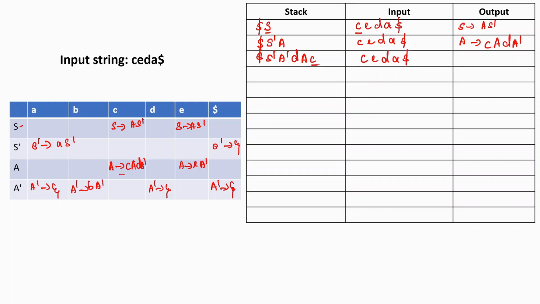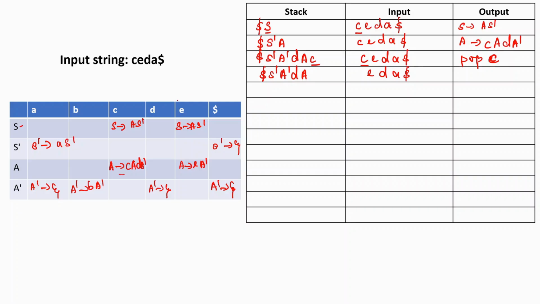So now the top of the stack and the input both match, so we pop the symbol C from the stack. Now we have S dash A dash D A and the input is E now.